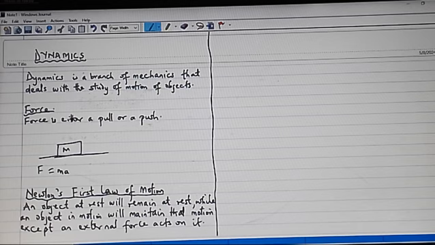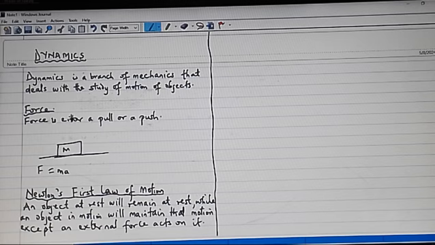Why? Because it applies to objects in an inertial frame of reference. What is an inertial frame of reference? An inertial frame is defined as a reference frame in which an object may move at a constant velocity when it is not subjected to any force.